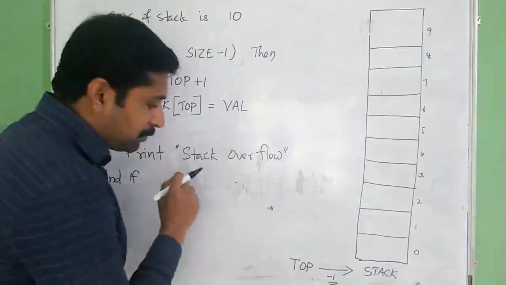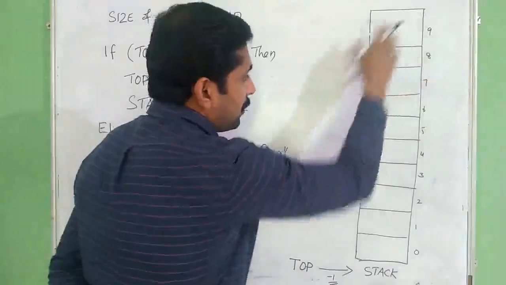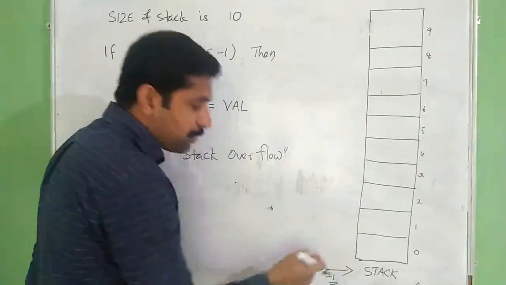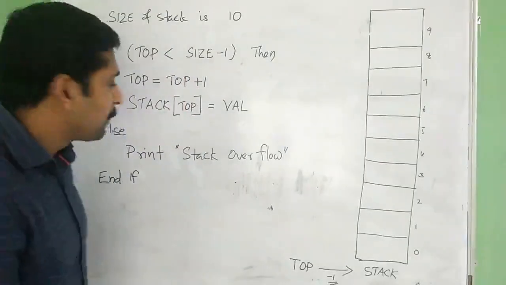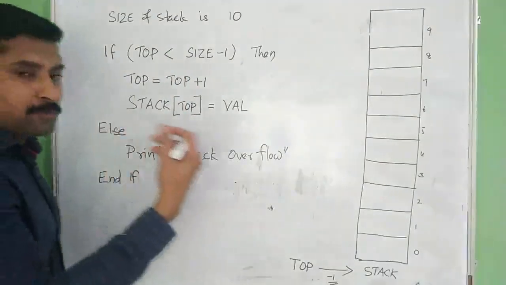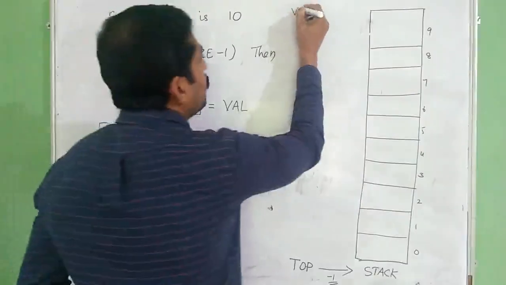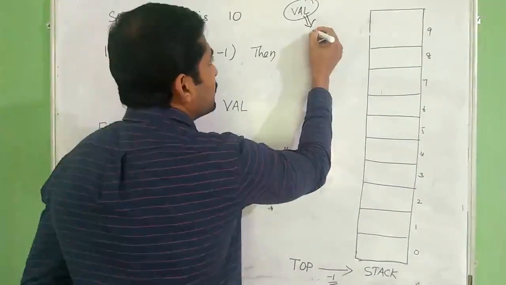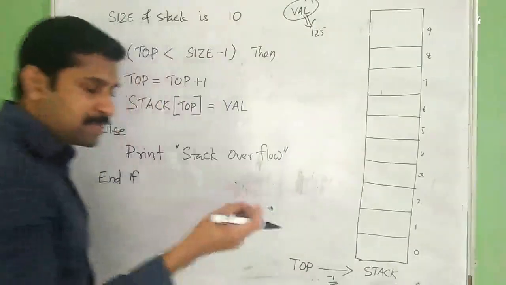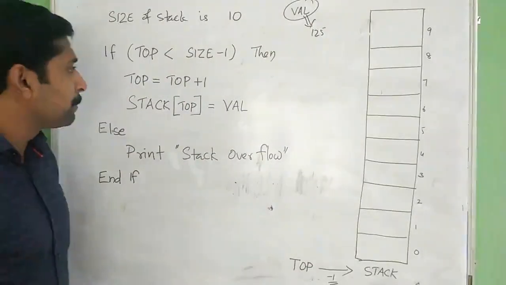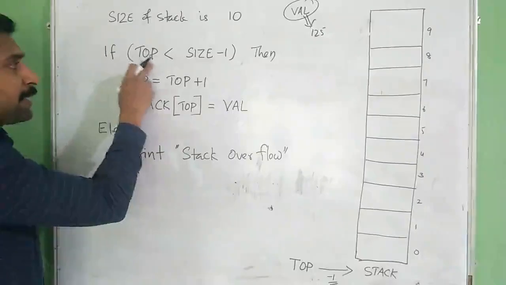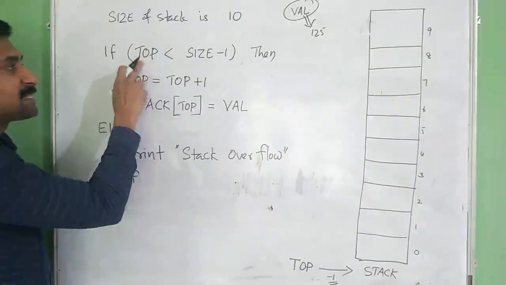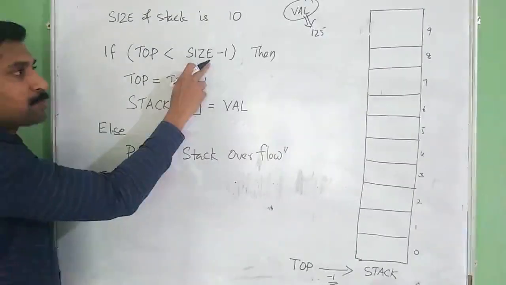Now consider the example. Suppose this is the stack, and it is empty. Top is -1 initially. Now we want to add a new item, let value be 125, to the stack. When the push operation is initialized, it checks whether top is less than size - 1.